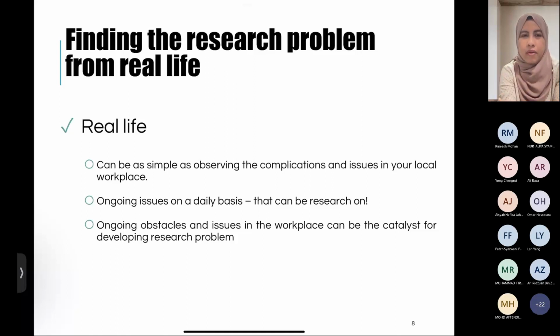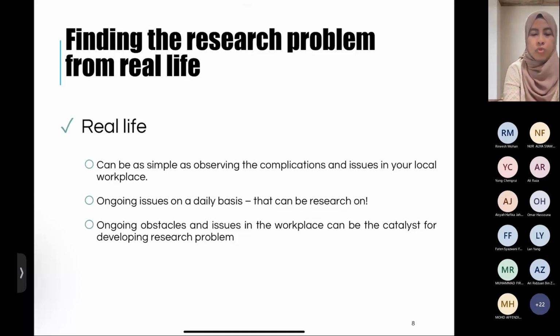The problem statement can come from just observing day to day for 1 month. What is the scenario of the traffic inside UM? Is it an ongoing issue, or did it just happen during Ramadan only? No, it happens every day, except that Ramadan is amplified. I don't know why. So that's an issue that you can pick up.